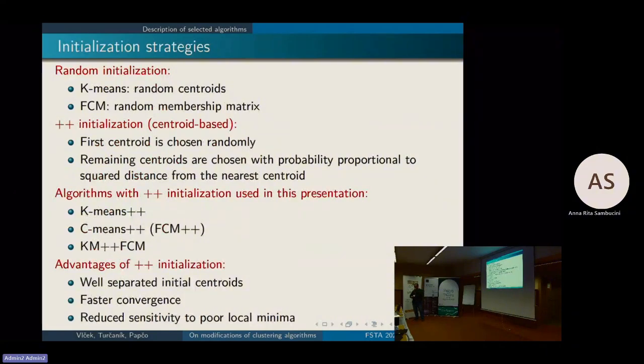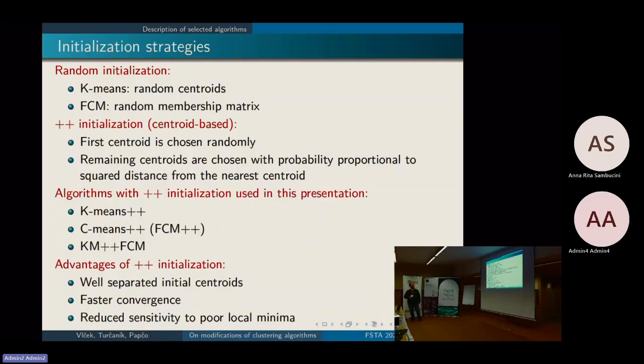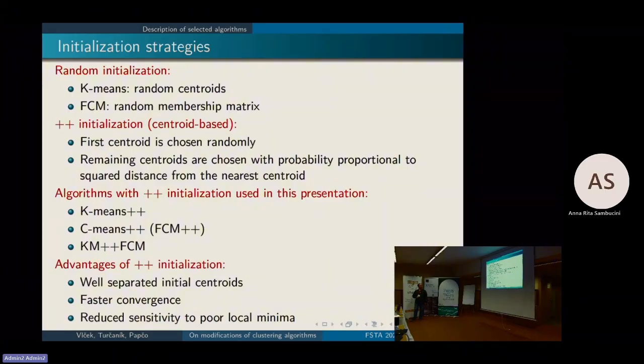In these three algorithms, we use random initialization. In k-means random centroids, in fuzzy c-means a random membership matrix. There are some more strategies, for example, the plus-plus version, which is centroid based, so it always starts from centroids, also for fuzzy c-means. The first centroid is chosen randomly, and the next are chosen with probability proportional to the squared distance from the nearest centroid.